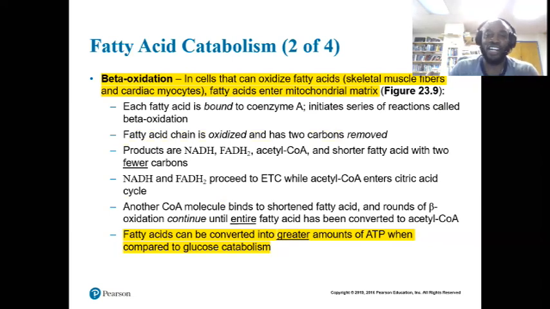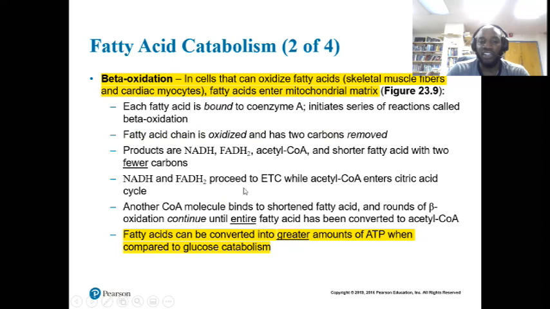Fatty acids enter mitochondrial matrix. Fatty acid is bound to the coenzyme A, initiates a series of reactions called beta oxidation. The fatty acid chain is oxidized. That means removing electrons, and has 2 carbons removed. You get the NADH, FADH2, acetyl-CoA, and shorter fatty acid with 2 fewer carbons.